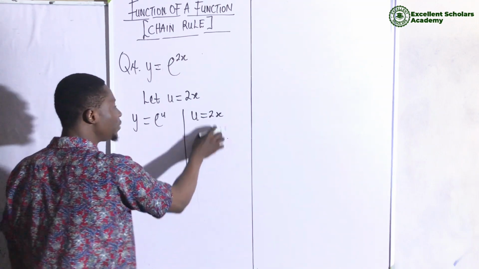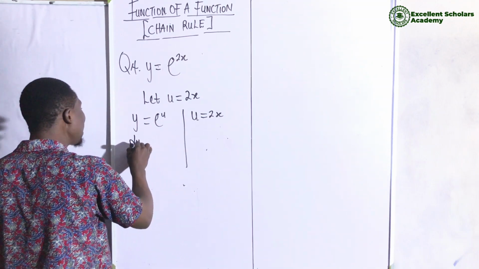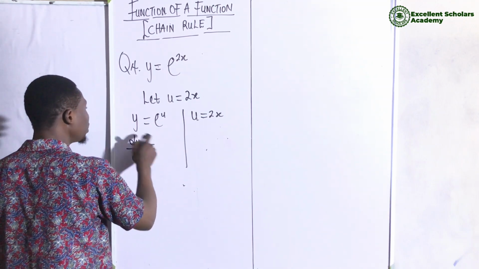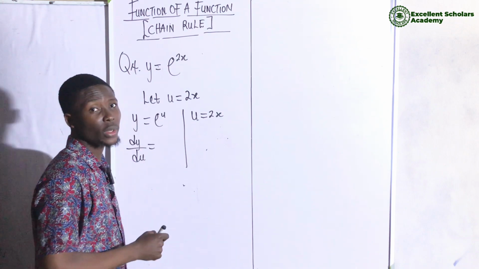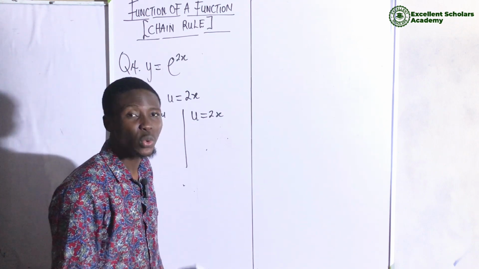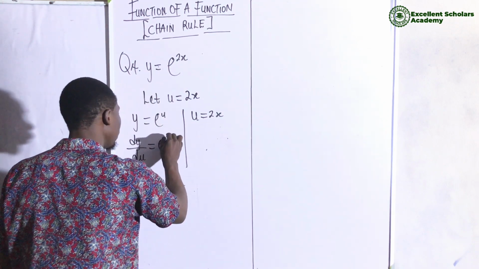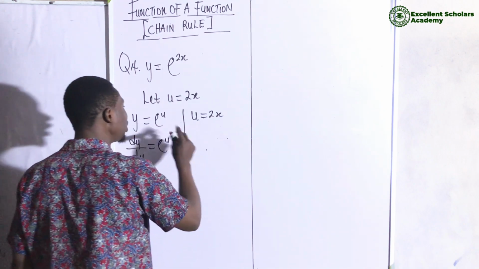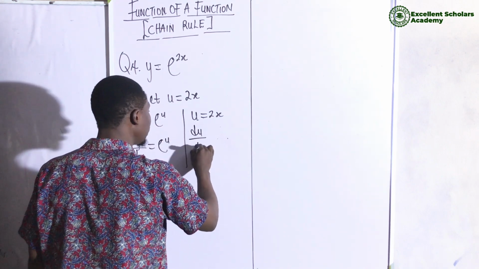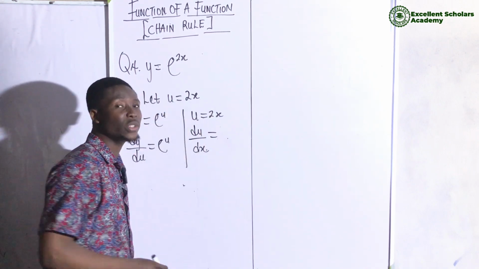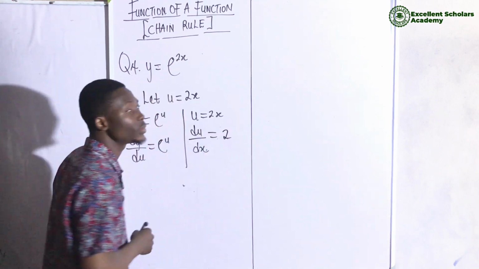So differentiate this side, differentiate this side. Now your dy, this will be dy du, because you are differentiating y with respect to u. If you differentiate exponential u, you still have exponential u. Now differentiate this, that will be du dx. If you differentiate 2x, you are going to have 2.